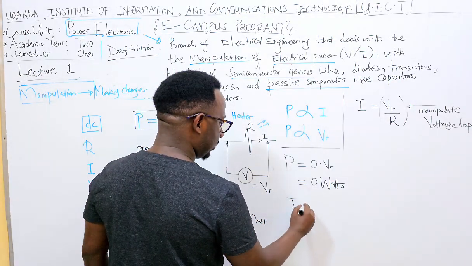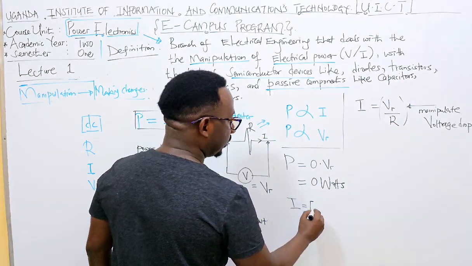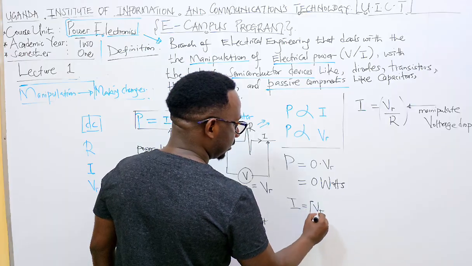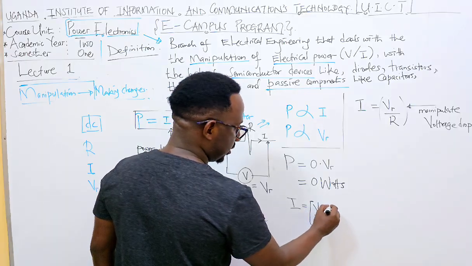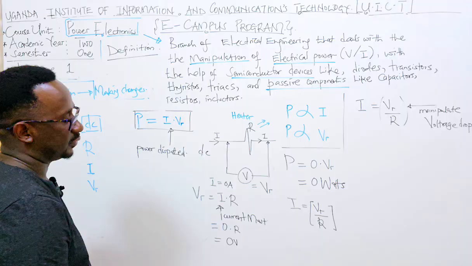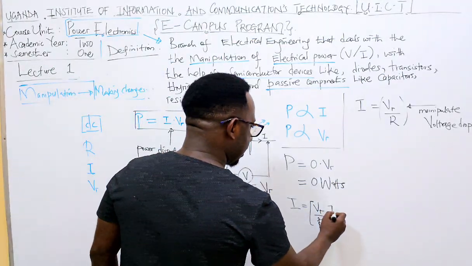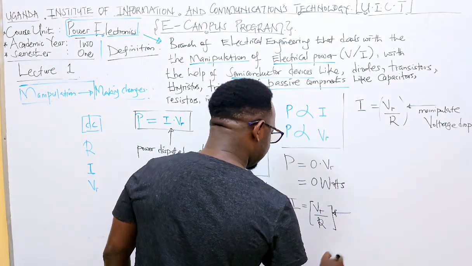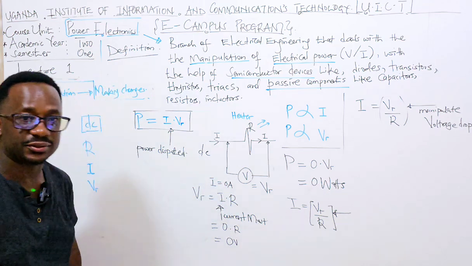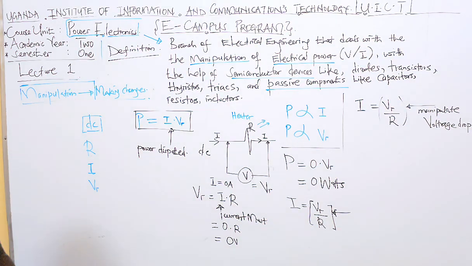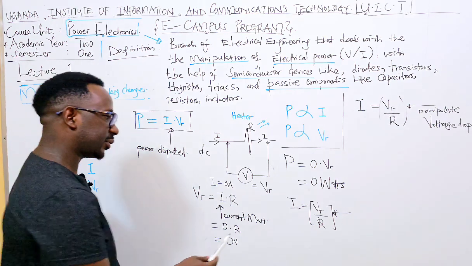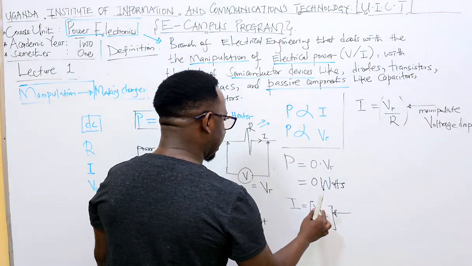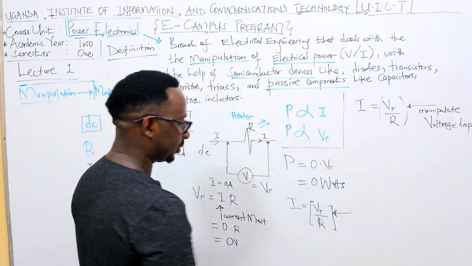I through the load is given by the voltage drop across the load divided by its resistance. The resistance is fixed for an ideal load. So the only parameter remaining that can easily be manipulated is the voltage.